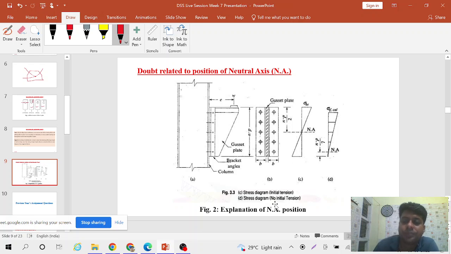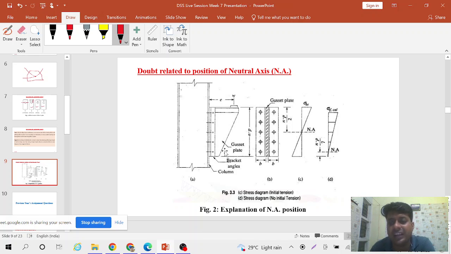Now when you consider ordinary bolts, those in which pre-tensioning is not provided, there is no initial tension. In that case, let us suppose we don't know where the neutral axis will lie. Right now we don't know.